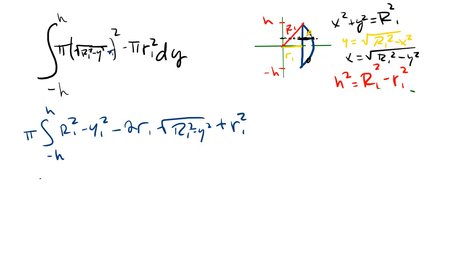But minus times minus gets a plus r1 squared. All right, dy. Good. Some of these things cancel.